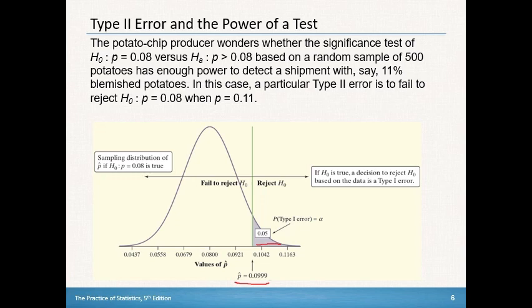We will reject that the blemish rate is 8% when the sample statistic p hat is above 10%. So this green line on this slide shows the threshold. If our p hat is above that, let's just call it above 10%, we're going to reject the null hypothesis. When it's below that, we will fail to reject the null hypothesis.